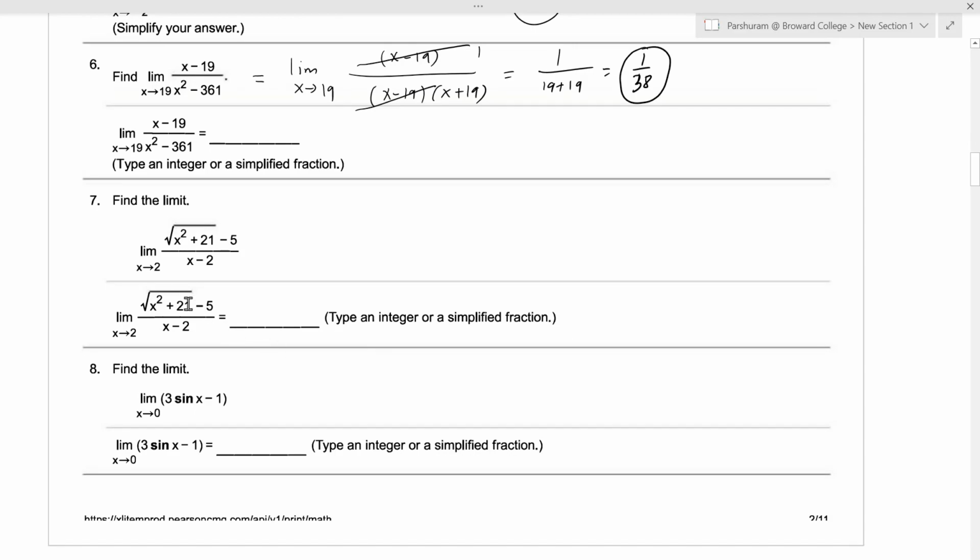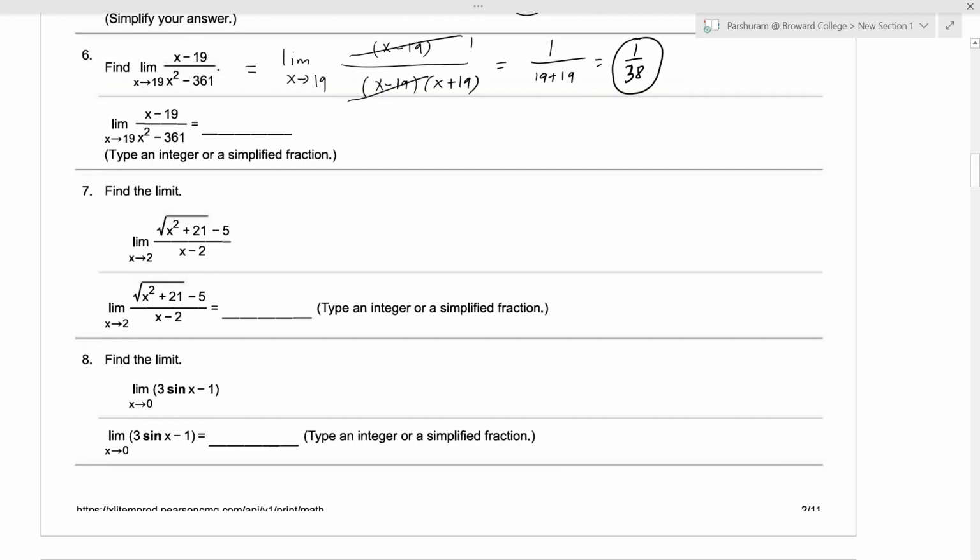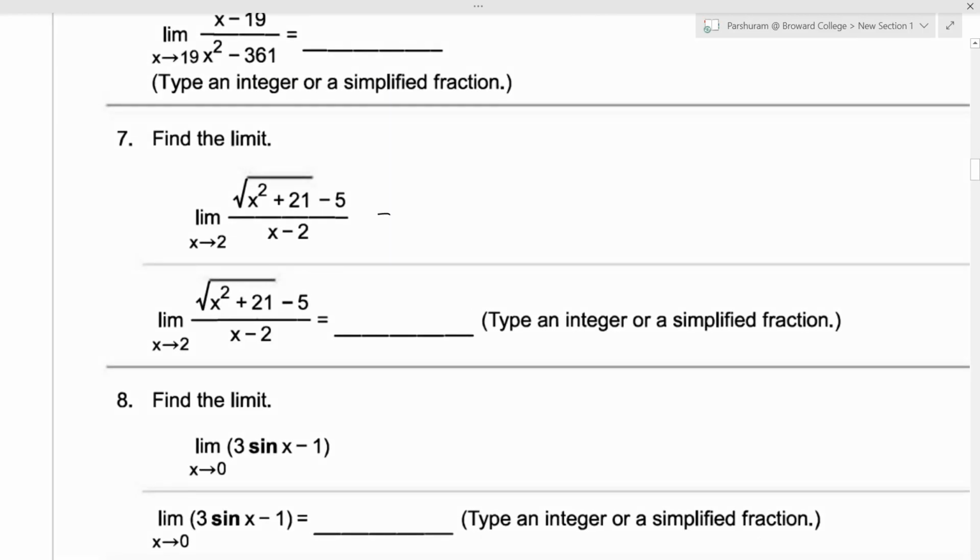One more time. When x equals 2, if you put x equal to 2 here in the denominator, it would be 0. So before plugging in x equal to 2, we try to simplify it, and there is one way to simplify it. You can multiply the numerator and denominator by the conjugate, because I want to get rid of this radical sign.